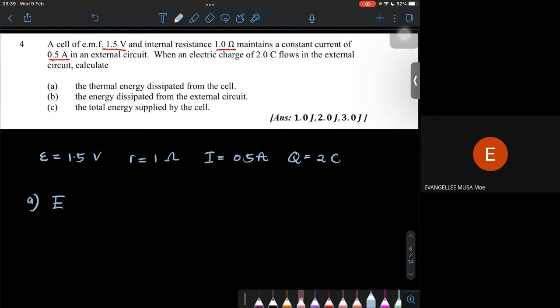Kepada EMF, kepada battery. Okay, basically cell di sini adalah the battery. So kamu kena take note lah this one sebab kadang-kadang soalan dia tidak bagi spesifik. Dia akan guna nama lain. So cell here is the battery.